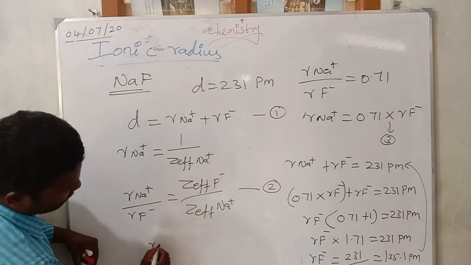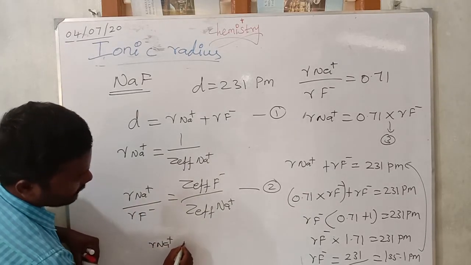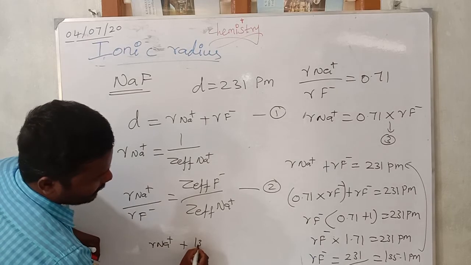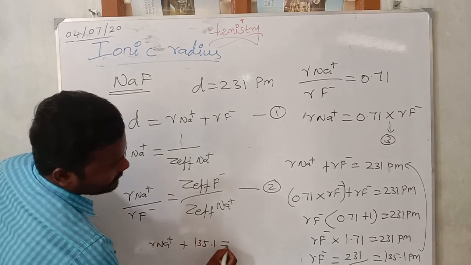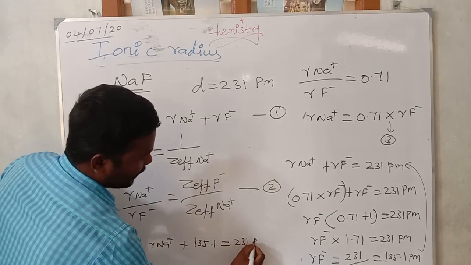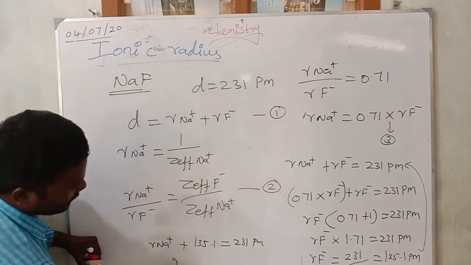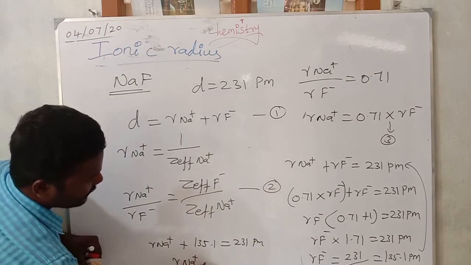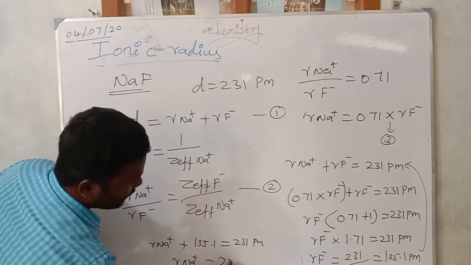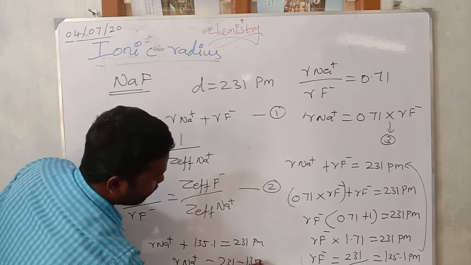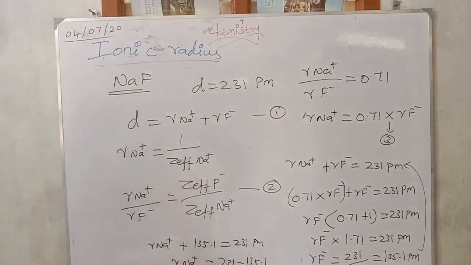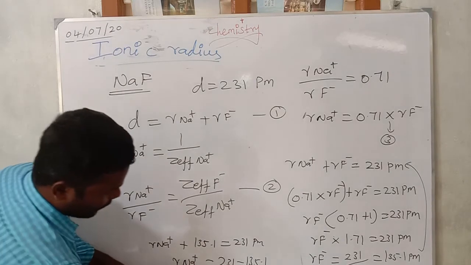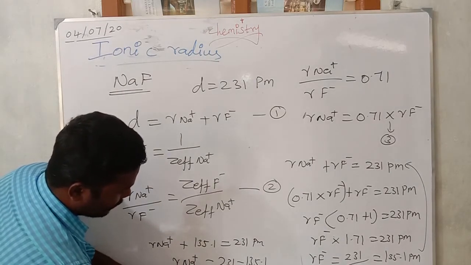So the radius of Na plus plus 135.1 is equal to 231 picometer. Then the radius of Na plus is equal to 231 minus 135.1. So what is the radius of the sodium ion, Na plus?